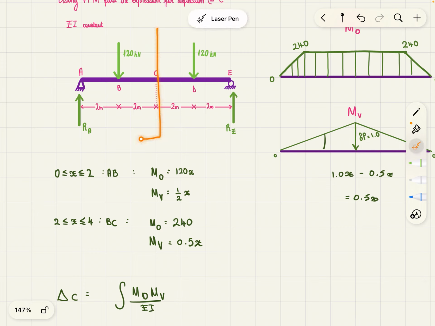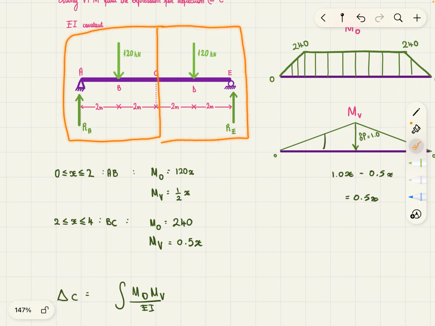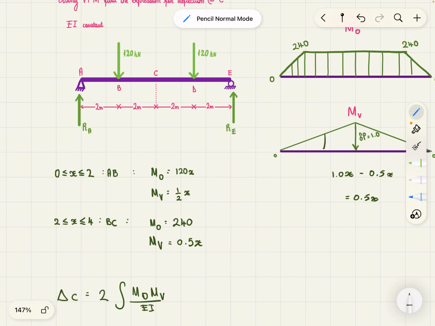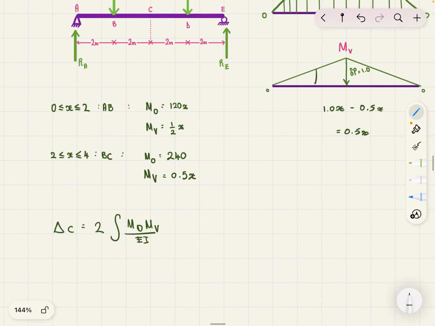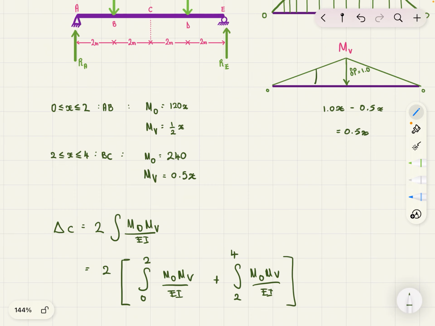And since we've only looked at half the structure and it's symmetrical, we're going to take into account the other half by simply multiplying by 2. Now, we split this into segments. So we're going to be integrating once from 0 to 2, the real moment times virtual moment over EI, and once from 2 to 4, the other segment we found, M0 MV over EI.